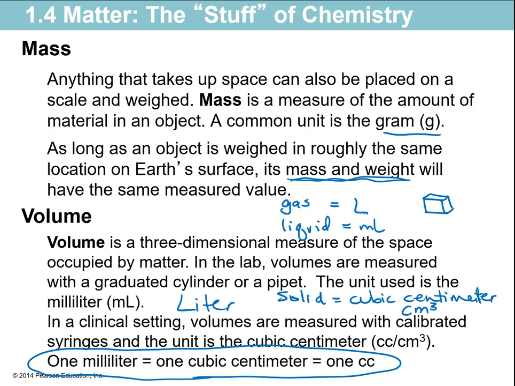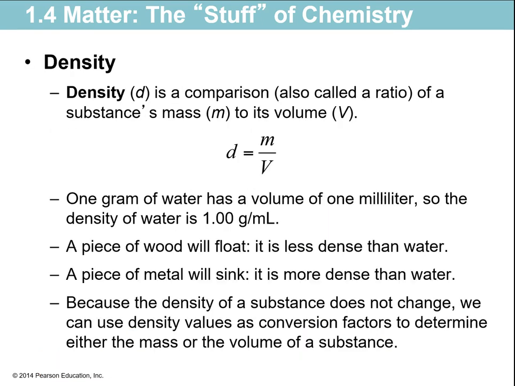So if you have a lump of aluminum, like a big pile of aluminum, or if you have just a little piece of aluminum, the mass is going to be different. The volume that it takes up is different. But because it's the same substance, if you compare its mass to volume ratio, that stays the same. And that's what density is. So density is a known value for any pure substance.